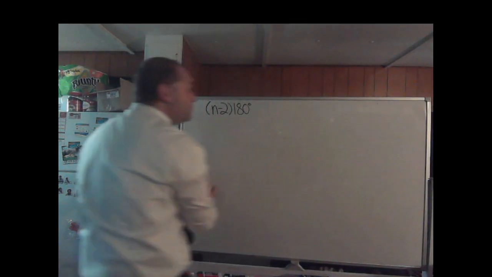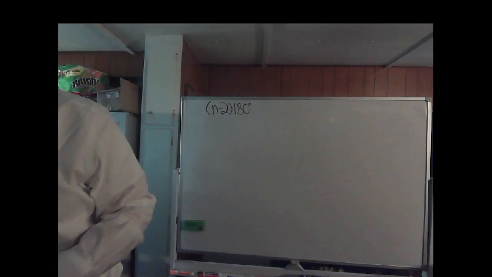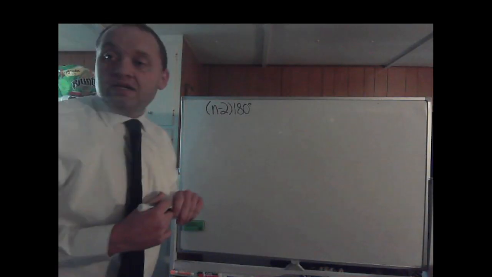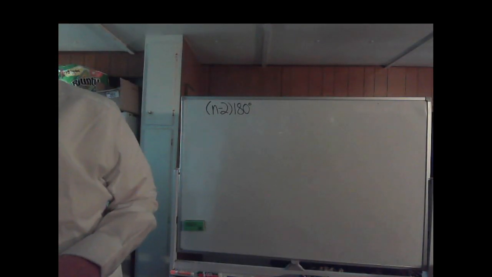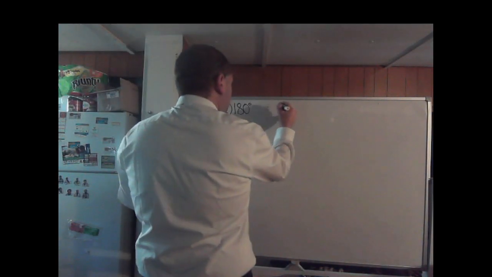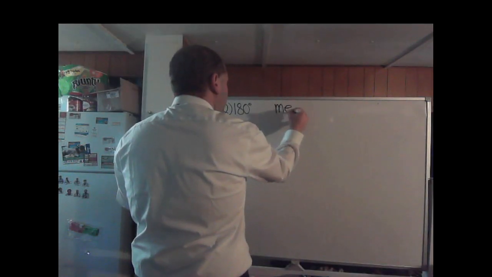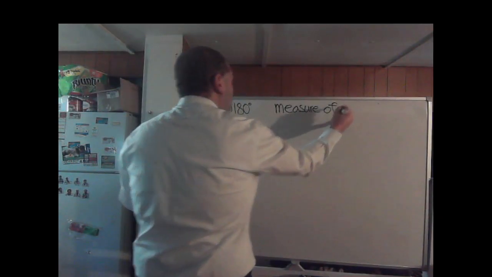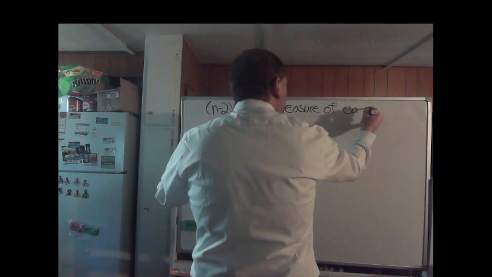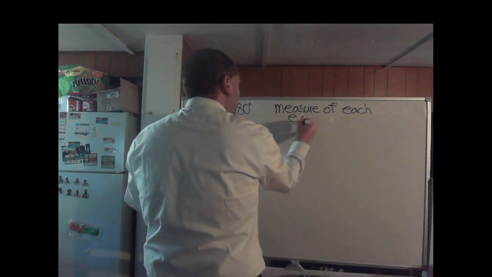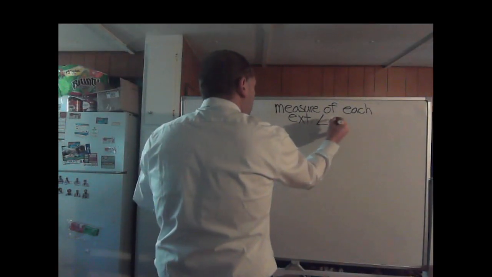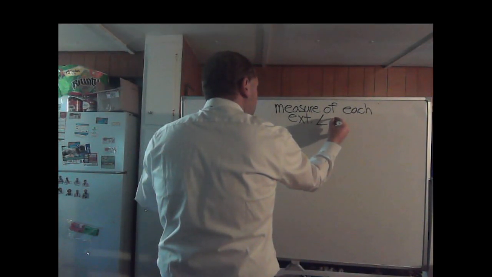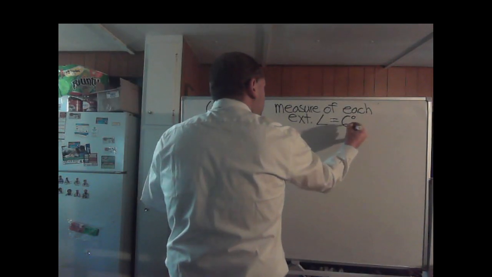This time we don't know the number of sides. We've got to figure out how many sides a polygon has, but what information do they give us? Let's see, the measure of each exterior angle equals 6 degrees.